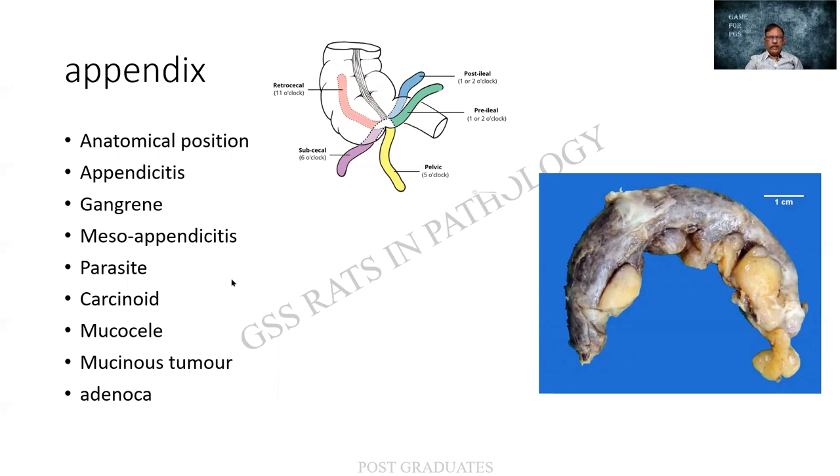Involvement of the mesoappendix is called mesoappendicitis. Enterobius can be the parasite found within the appendix, not uncommonly. Carcinoid is a tumor we should look for, mucosal of the appendix, mucinous tumor, etc. Sometimes we do get an adenocarcinoma also. So these are the various things we should have in mind regarding the appendix.